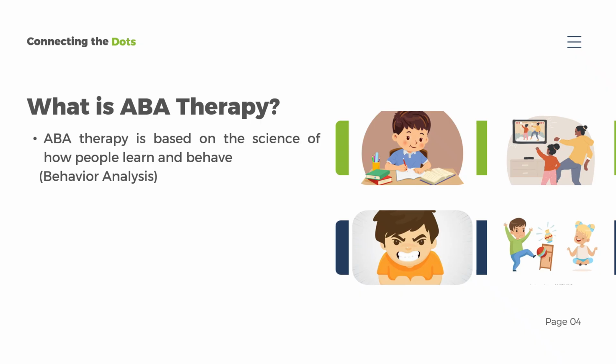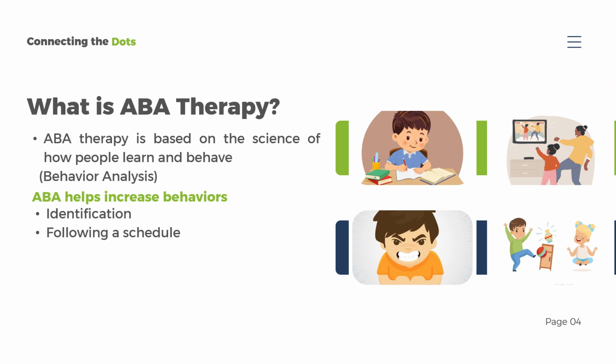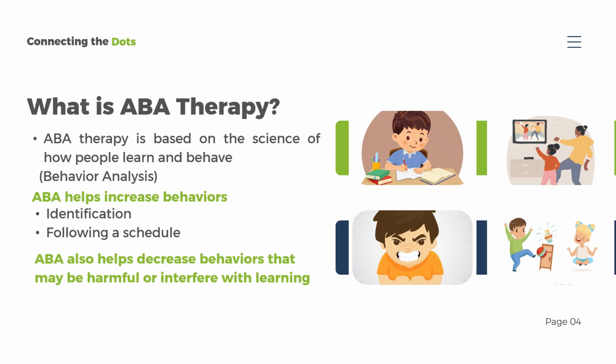The goal is simple: to help your child learn skills that improve their quality of life. That includes increasing helpful behaviors such as talking, fine motor skills, and identification following a schedule. It also helps to decrease behaviors that might get in the way of learning or relationships, which could be aggression, screaming, property destruction, just to name a few.